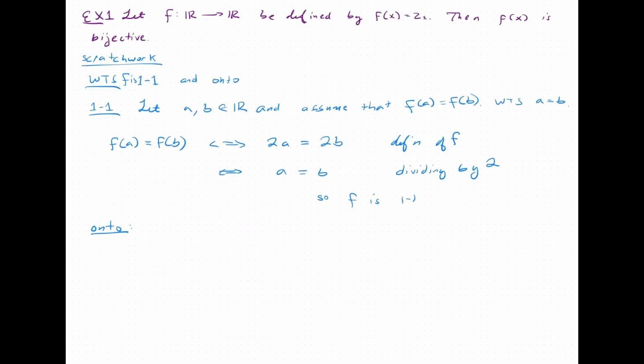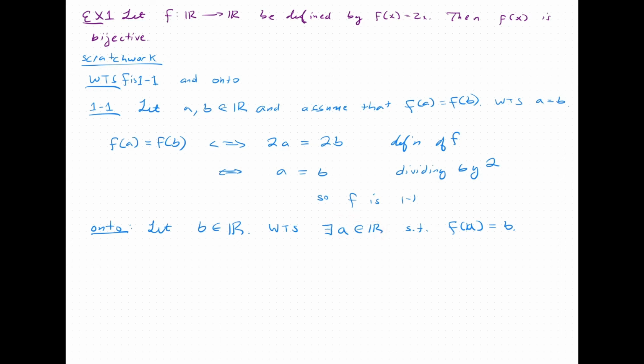So we're going to choose, let b be a real number. And what we want to show is that there exists some a that is a real number such that f of a is equal to that corresponding b. So now, once we show that a, we are done.